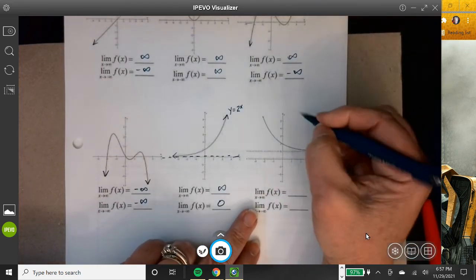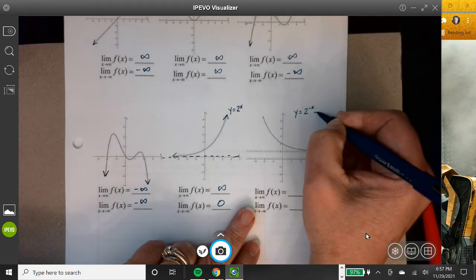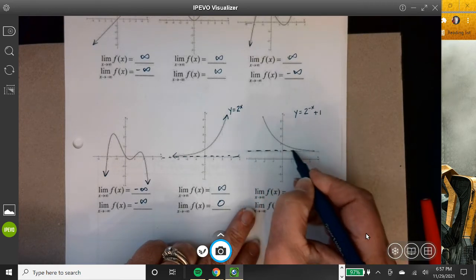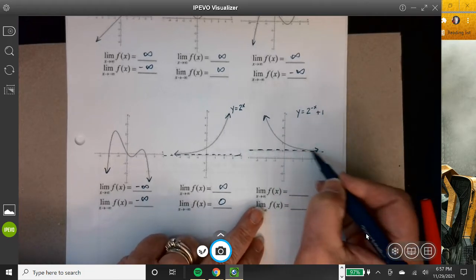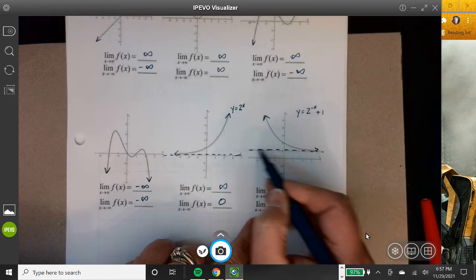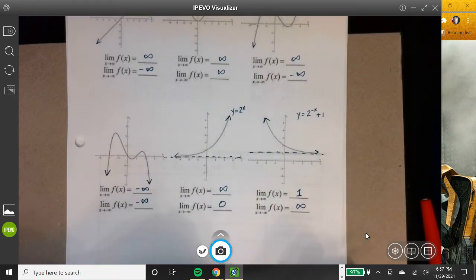All right, now this one is y equals 2 to the negative x plus 1. So the limit as x goes, now this is an asymptote here, and these have arrows here. So the limit as x goes to positive infinity is 1. And as x goes to negative infinity, f of x is approaching infinity. All right?